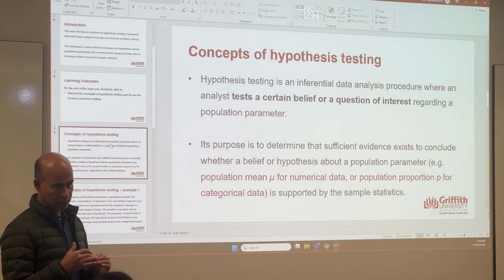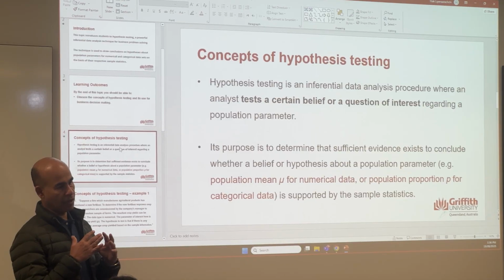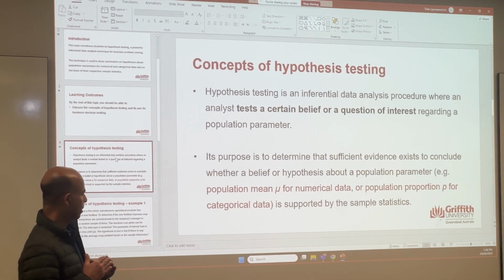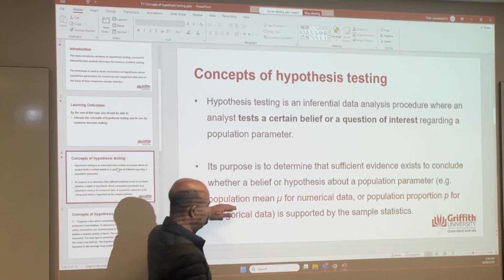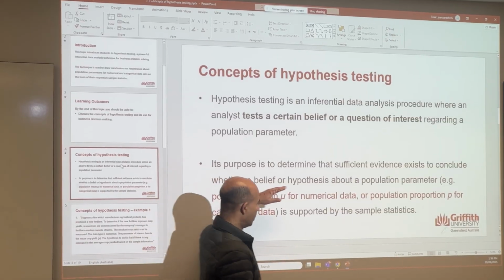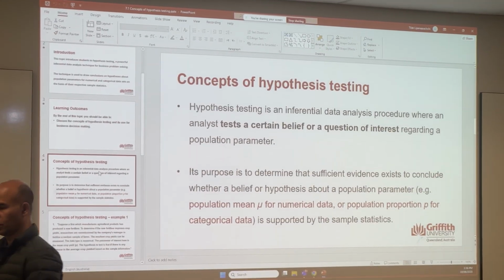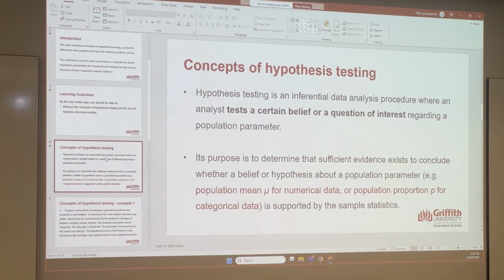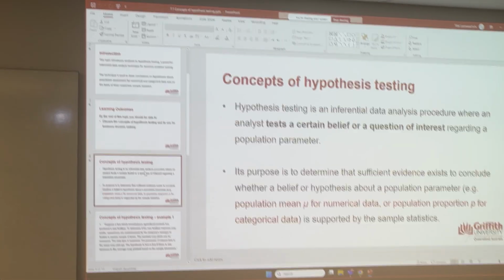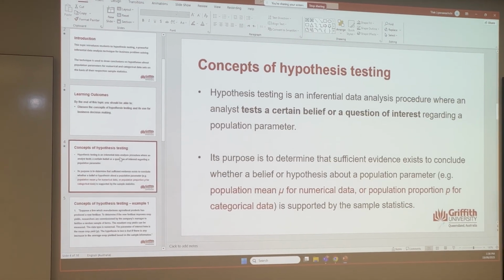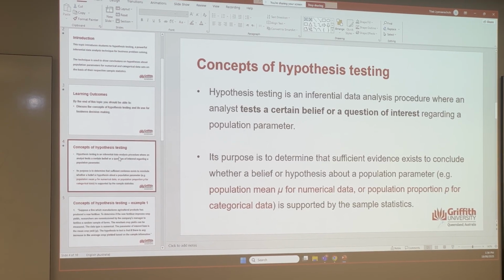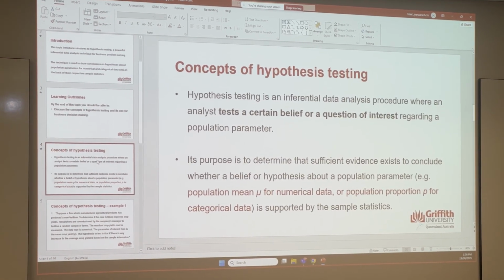In this course, we only limit our hypothesis testing to population mean as well as population proportion. Those are the only two things that we do in inferential statistics in this course. What are the two? Population mean and population proportion.